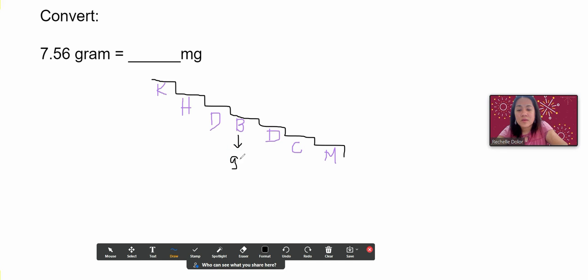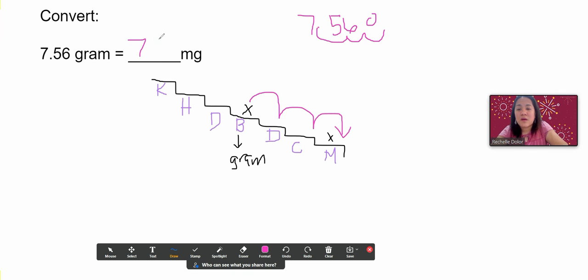Okay, gram is here and milligram is here. So therefore we are moving to the right 1, 2, 3. 3 times. So 7.56, 3 times to the right, 1, 2, 3. So the answer is 7,560 milligrams.